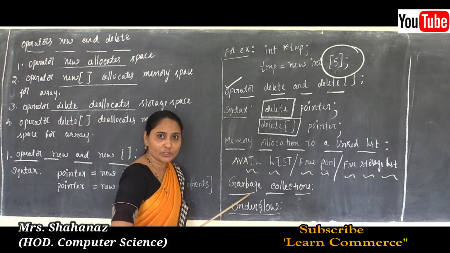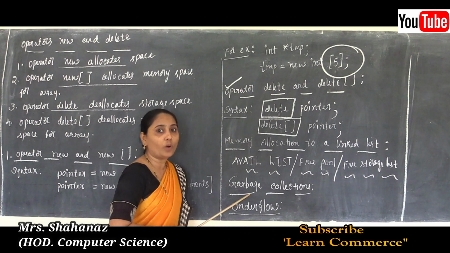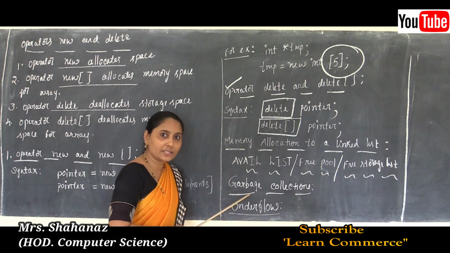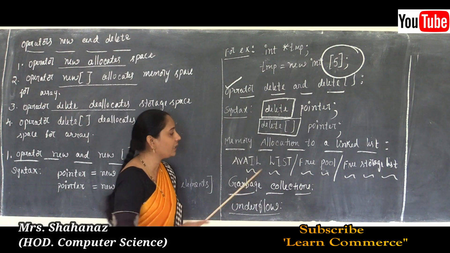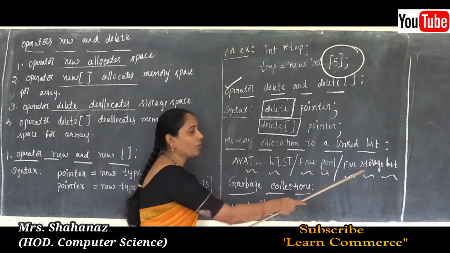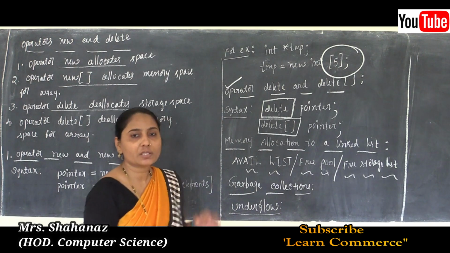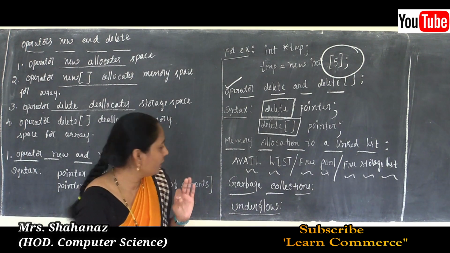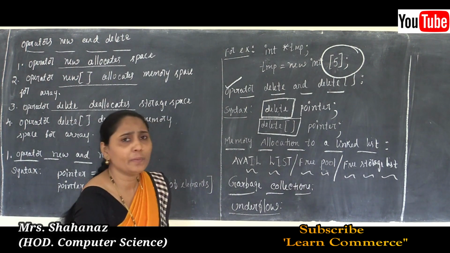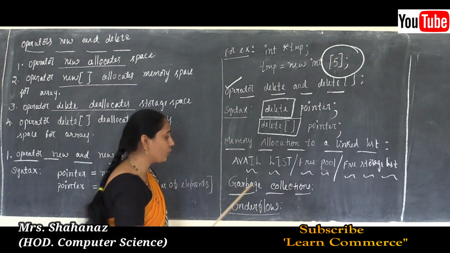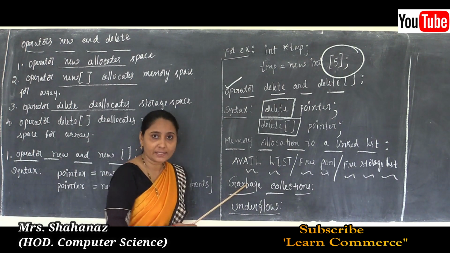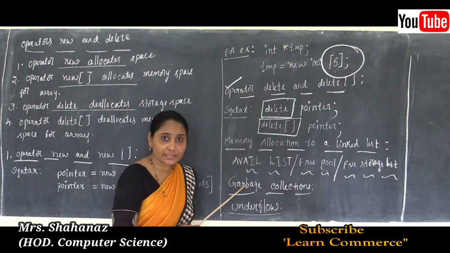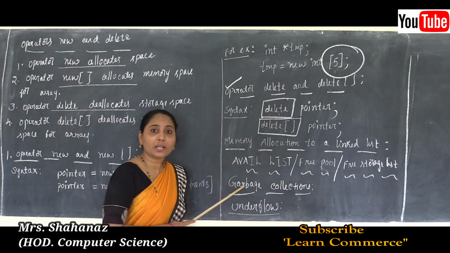The node deleted from the linked list is collected in one space, and this space is called the avail list, free pool or free storage list. Simply, the technique of collecting the deleted space into the free storage list is called garbage collection.